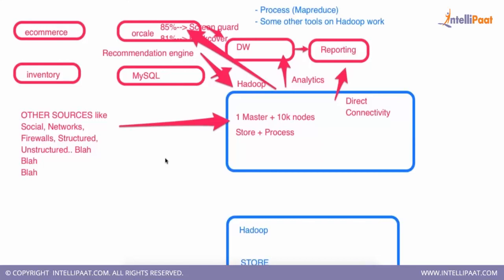So till now, my understanding from yesterday's demo or my own Google stuff was that Hadoop is a replacement or alternate for data warehousing and reporting tools. Can you elaborate on that?